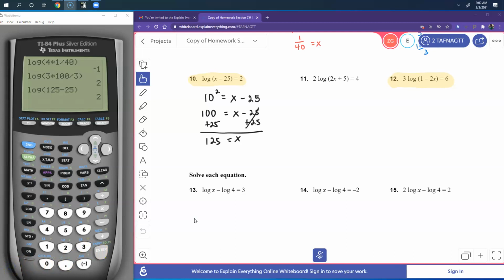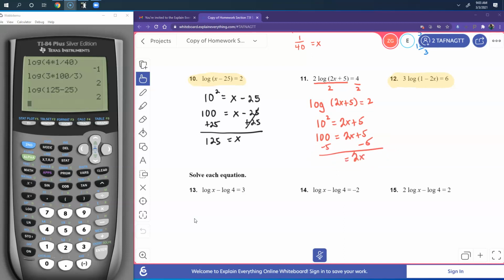For number 11, it's a little bit different. We do have a 2 that's in front of that logarithm. So what you probably want to do first is divide by 2. So you have log, we're still in base 10, 2x plus 5 equals 2. So I'm going to write the inverse. 10 squared is equal to 2x plus 5. So you're left with 10 squared, which is 100, is equal to 2x plus 5. Subtract 5 from both sides.